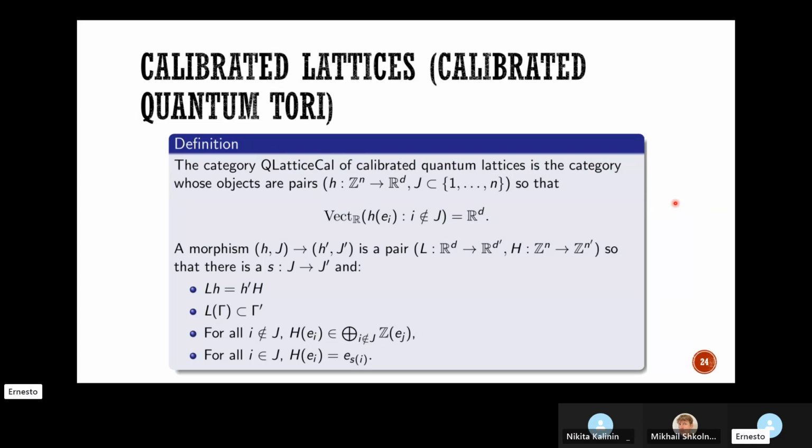When the slope is irrational, the leaf of the foliation winds densely all over the torus. Every leaf winds densely all over the two-dimensional torus, but it's contractible. So the quotient homotopically should be just a two-dimensional torus. The Borel construction of that group action of R on the torus, when the slope is rational, is just the action of a contractible group.